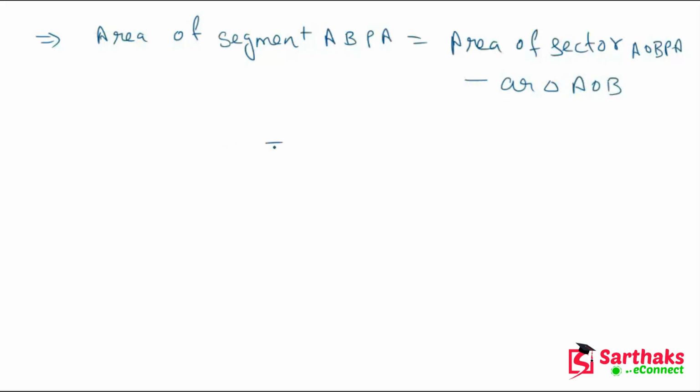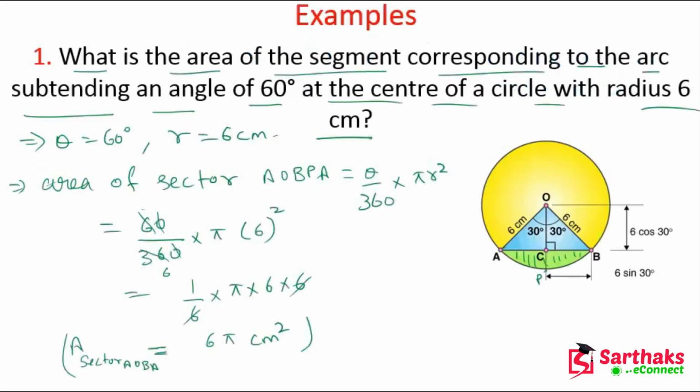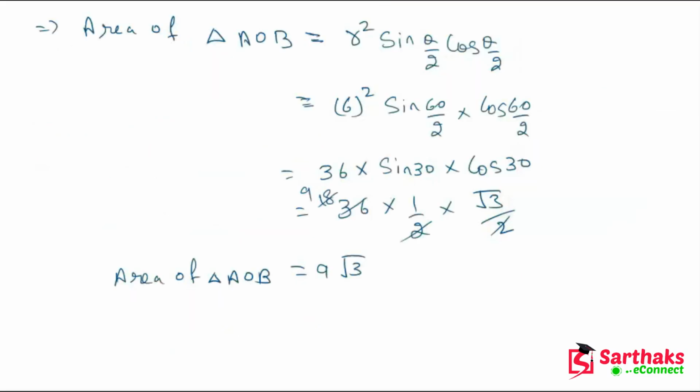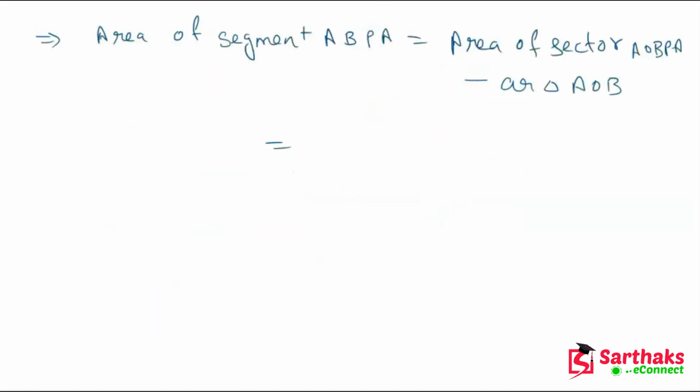So now we know that area of sector is 6 pi and area of triangle is 9 root 3. So we get 6 pi minus 9 root 3.